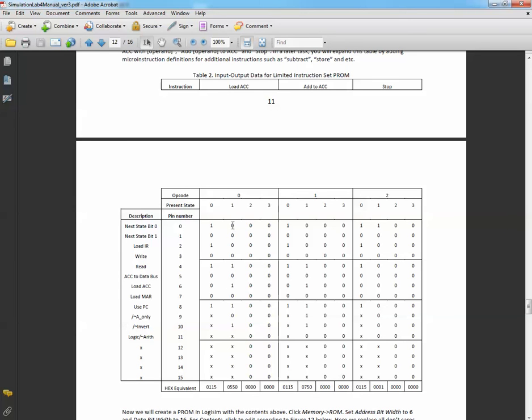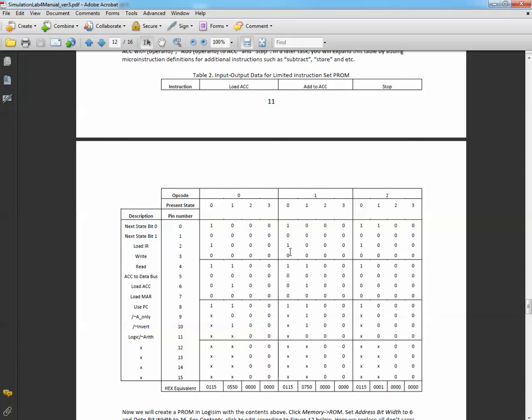Which is supposed to be this state. Why is it supposed to be that state? Because of the presence of this 0115 command. What does this command do?